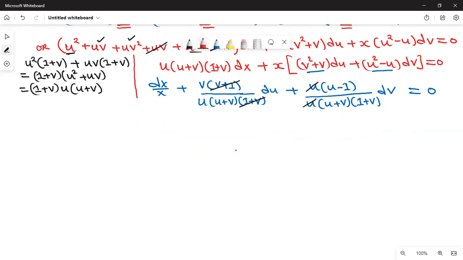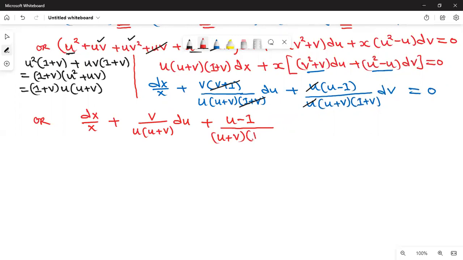So this thing can be written as dx over x plus v over u into u plus v du plus u minus 1 over u plus v times 1 plus v dv. That should be equal to 0.